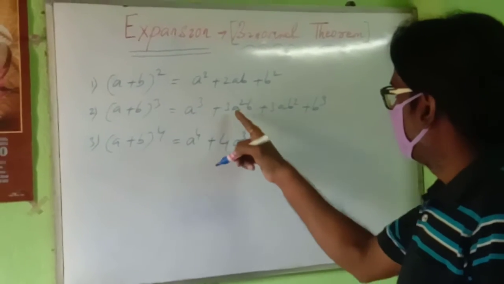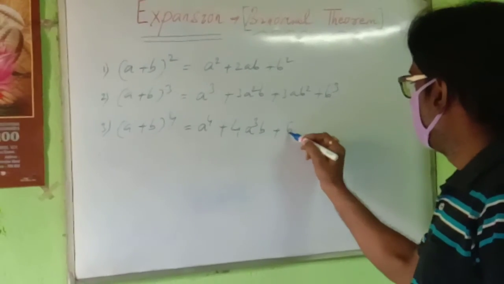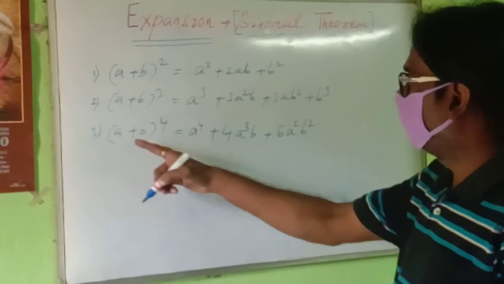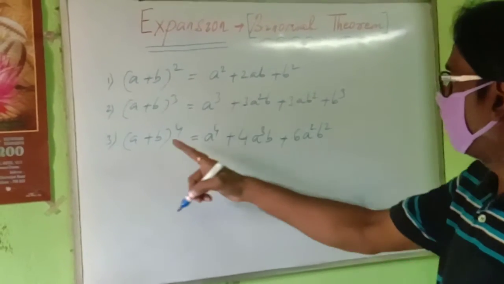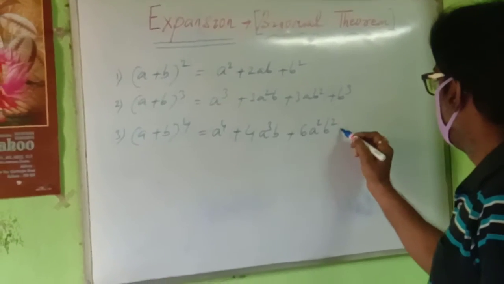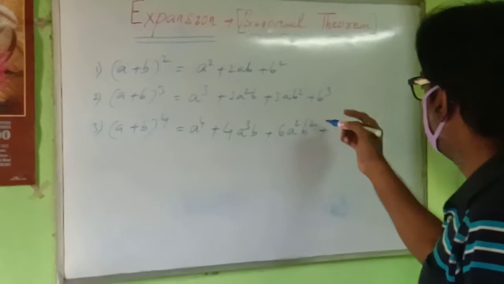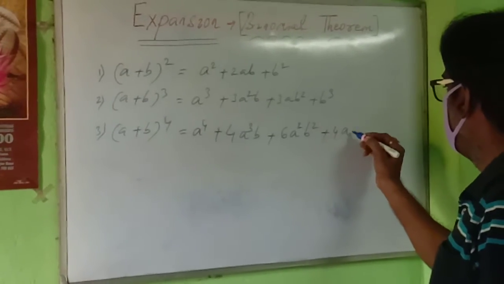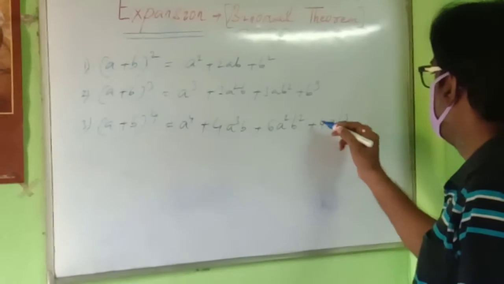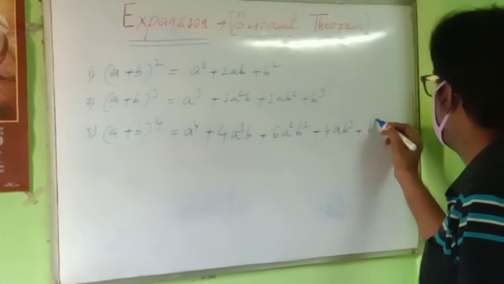Next it will be 3 plus 3, how much? 6, a square b square. Power of a is decreasing and power of b is increasing from 0 onwards. Next it will be 3 plus 1, how much? 4, 4 a b cube. And last it will be b to the power 4.